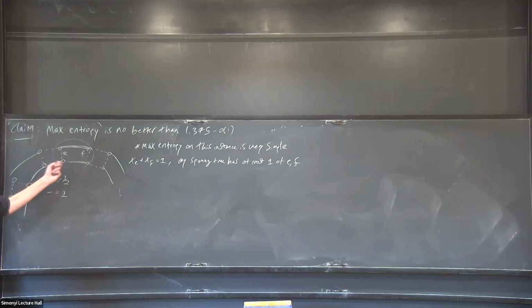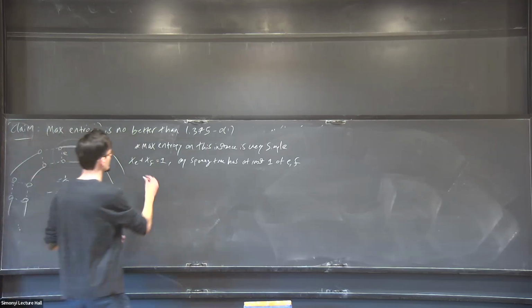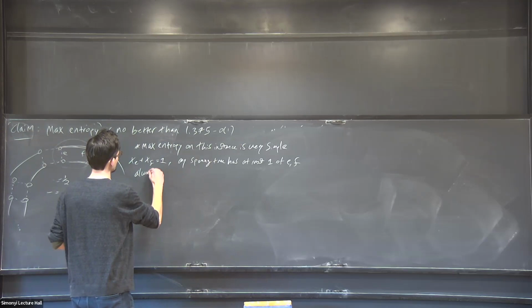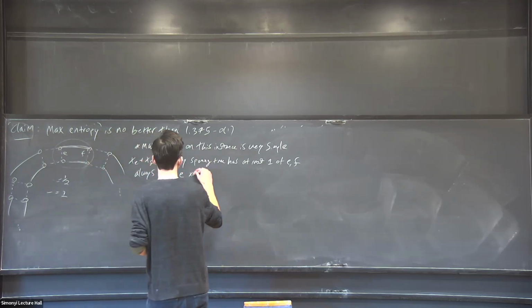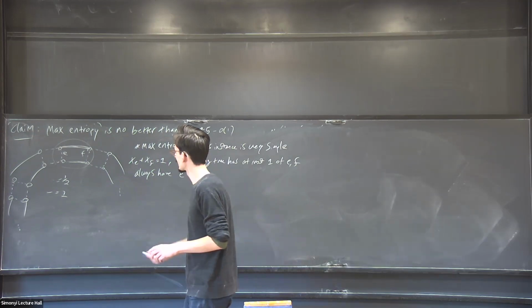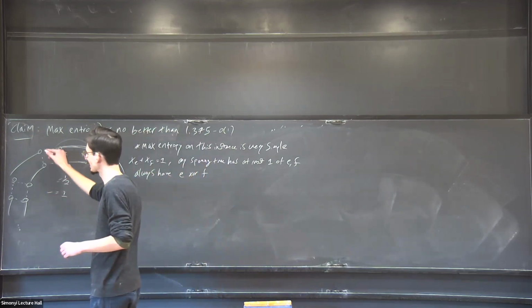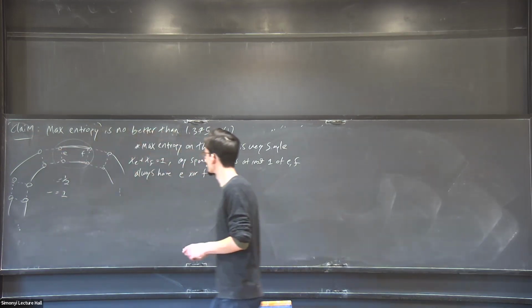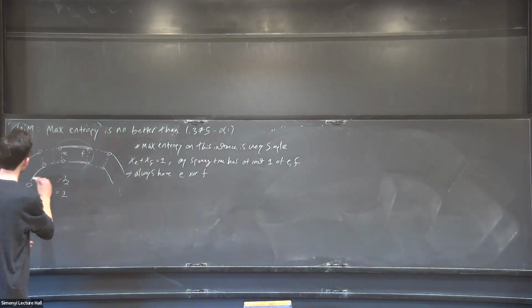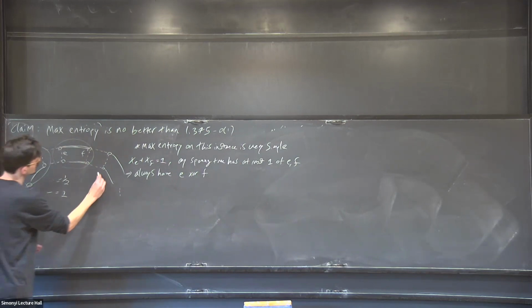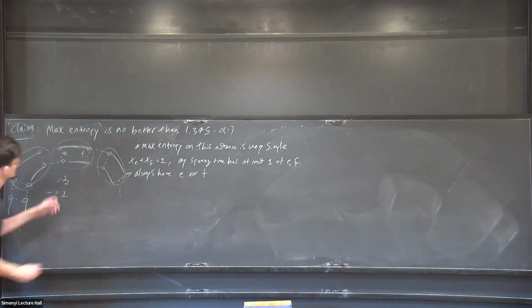So that says I should always take exactly one of them. So what's x? It's 1/2 on the dotted edges, and 1 on the others. So for each of these squares, we always have exactly one of these 2 edges, E or F.